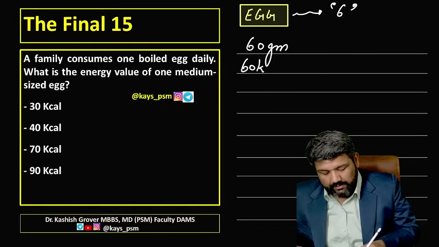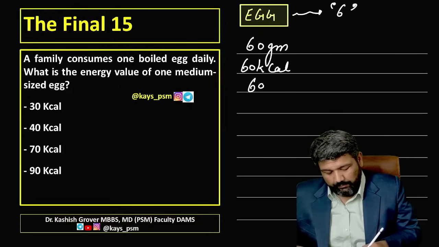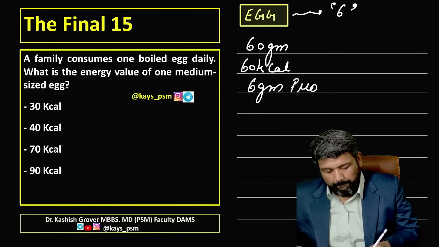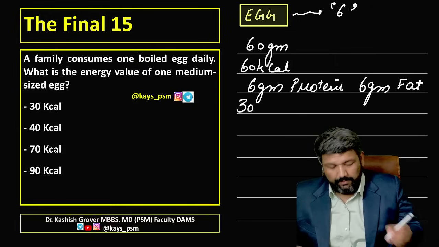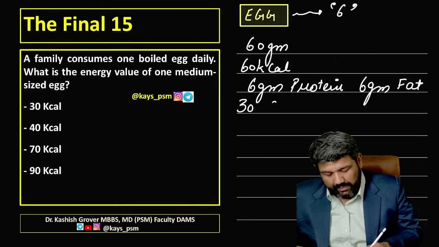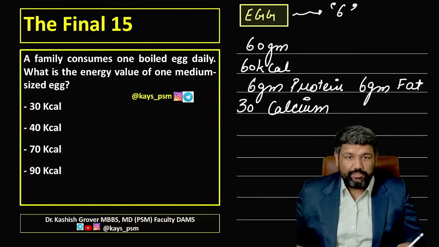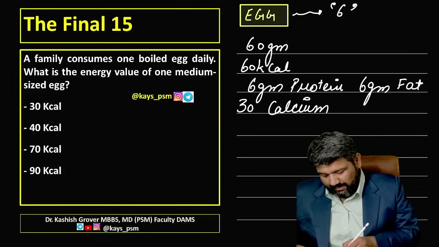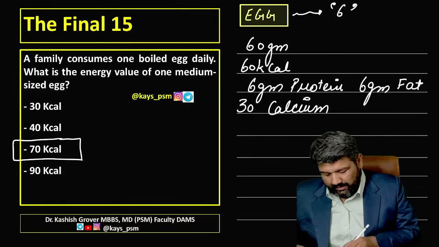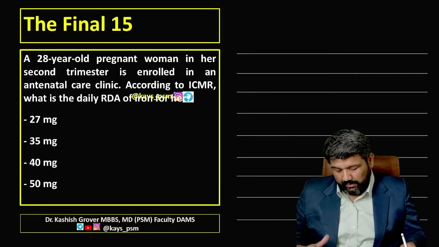It gives somewhere around 60 to 70 kilocalorie, 6 gram protein, 6 gram fat, and 30 is the calcium, 30 microgram calcium, right? So here the best answer is 70 kilocalorie.